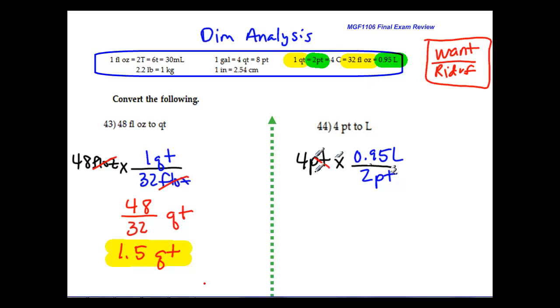Double check. These should cancel. 4 times 0.95 in our calculator gives us 3.8 over 2. The liters or the units are left. Divide 3.8 by 2. We get 1.9 liters.